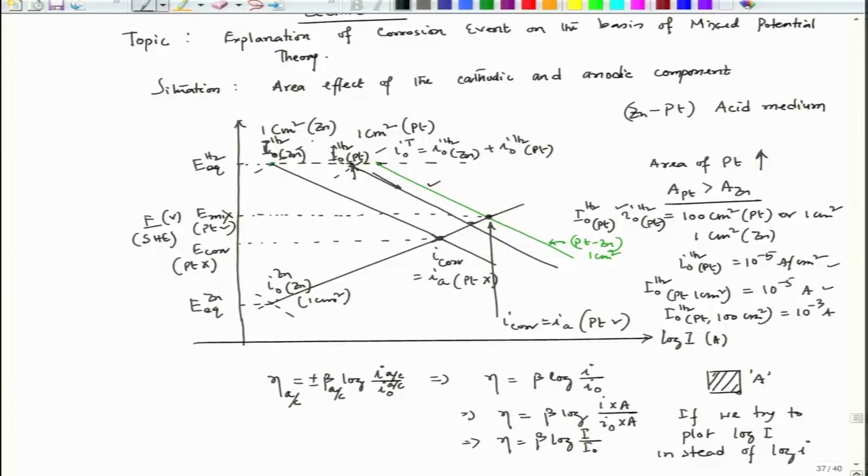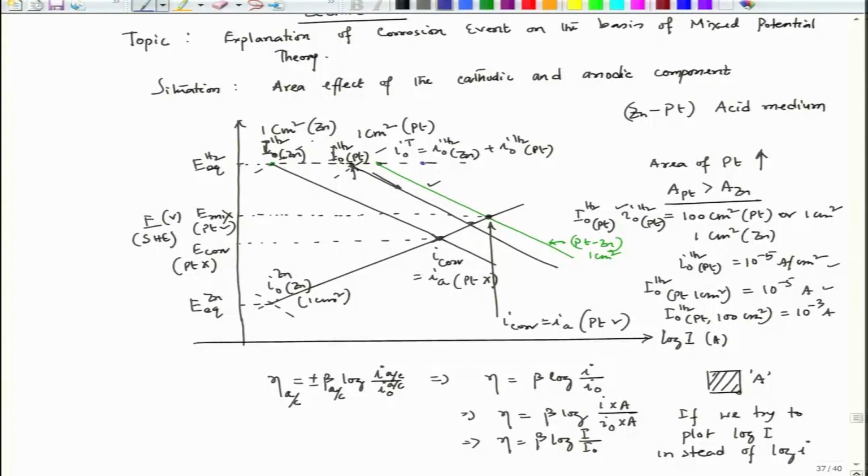Now, when we consider 100 centimeter square platinum connected to 1 centimeter square zinc, the capital I0 over that 100 centimeter square area will shift to the right. So, let me plot everything in blue color. Okay. So, that point will come here, after multiplying area with the exchange current density of hydrogen evolution over platinum surface.